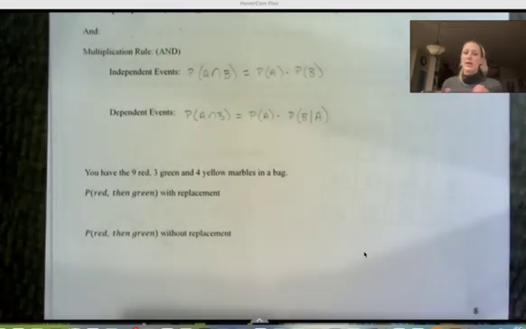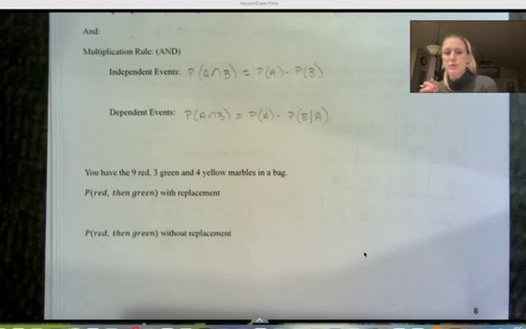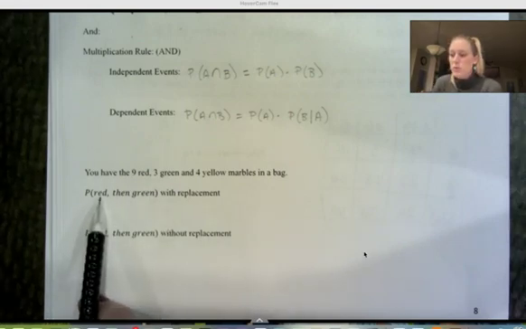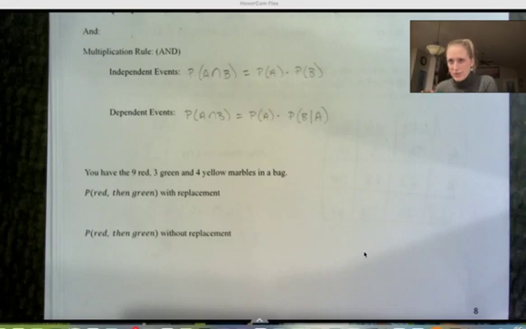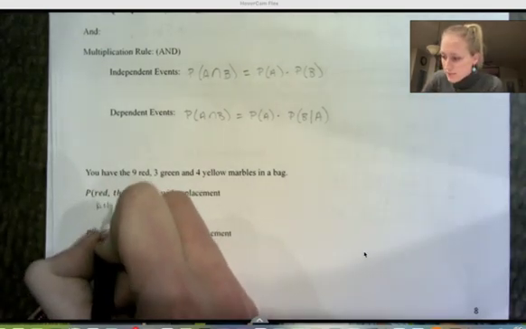Okay, so we have in a bag 9 red marbles, 3 green, and 4 yellow. What's the probability that we draw red, then green? So this is an "and" because there's only one situation where we draw red first and then green. Okay, there's not red or green. It's red, then green. That is the only option. So this is an "and," okay?